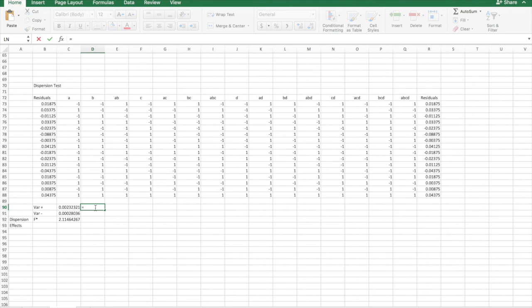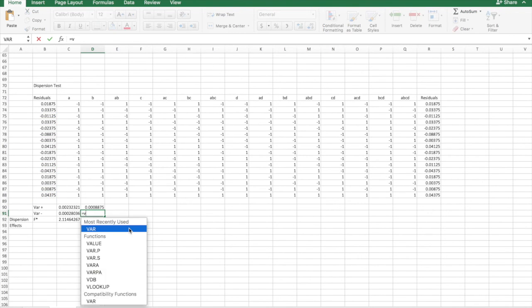So for example, for B, it's going to be the variance when B is high. So it's going to be skip 2, select 2, skip 2, select 2, skip 2, select 2, skip 2, select 2.